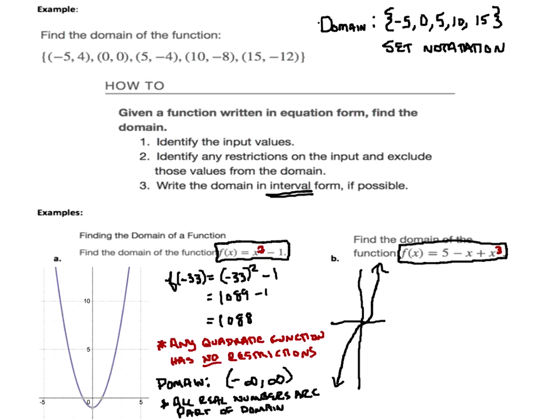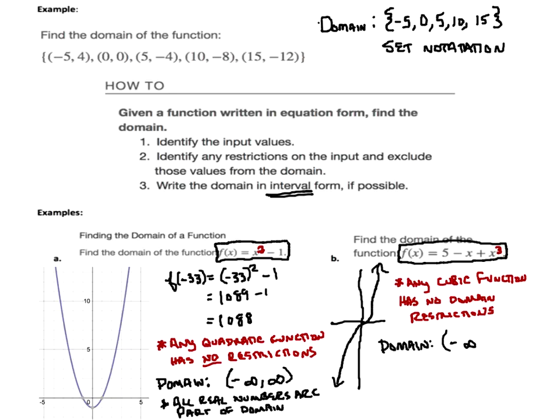And just like the quadratic function, any cubic function also has no domain restrictions. So it's going to have the same exact domain as your quadratic function. So the domain is negative infinity to positive infinity.